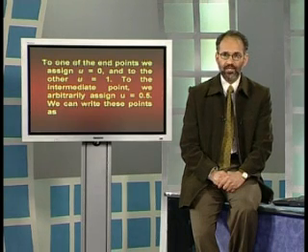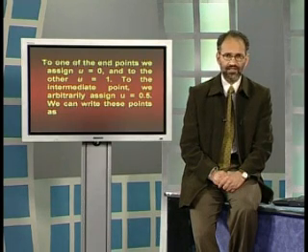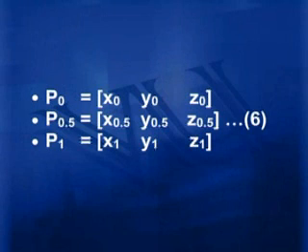So first point assigned u is equal to 0, second point assigned u is equal to 1, and to the intermediate point, the one that lies in between these two, we assign arbitrarily a value of 0.5 or half. So we say u is equal to 0.5 for an intermediate point between these 2 points. And now we can write these points as P0, P 0.5 and P1.